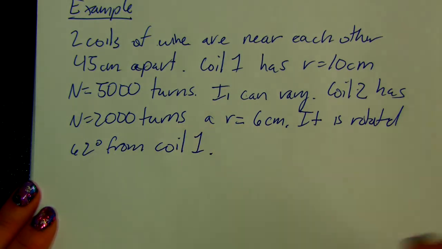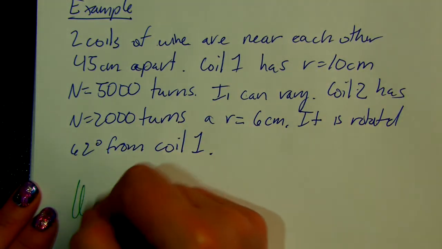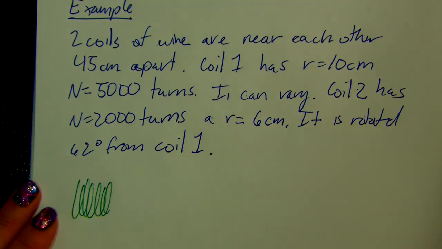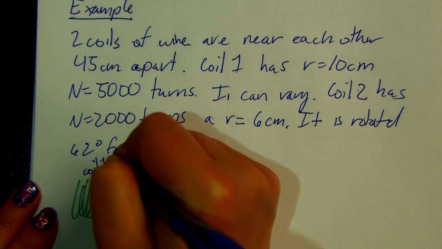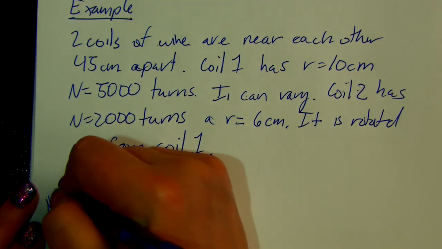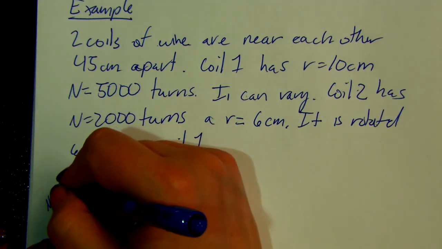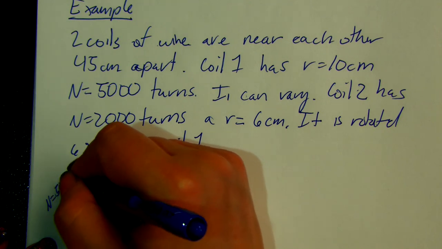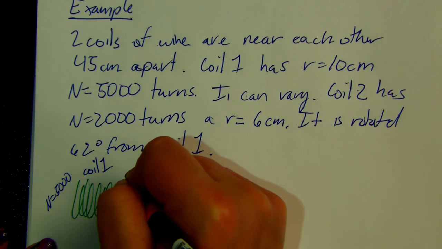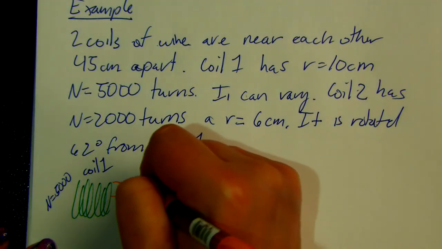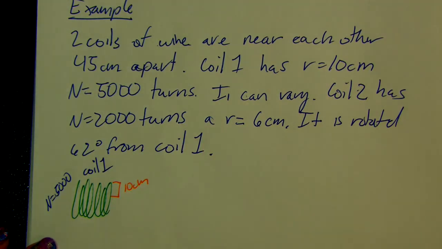Okay, so we've got coil 1, which has 5,000 turns, radius of 10 centimeters.